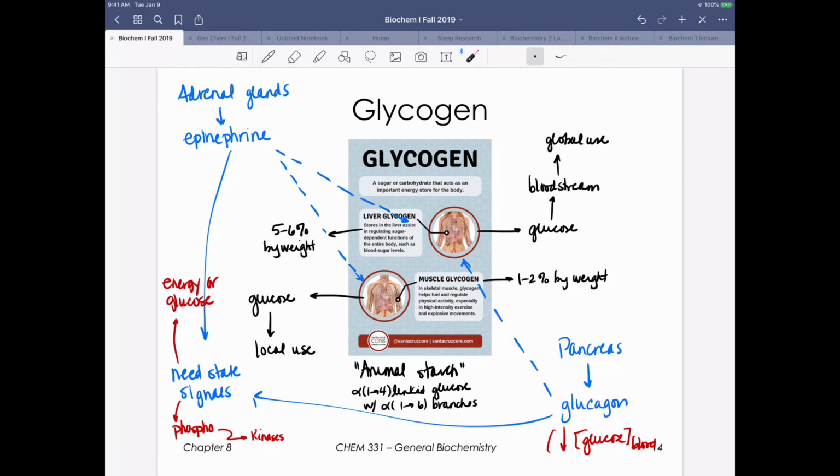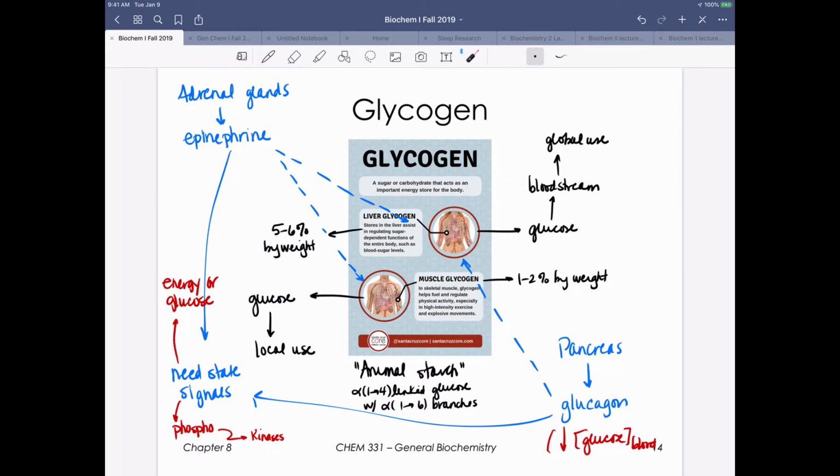So glucagon then is only going to be a hormone that is sensitive to the liver, because the liver is the only one who's going to allow its glycogen to be broken down to glucose for global use. Muscle cells have no interest in responding to a call for low blood sugar. So they have no receptors for and thus do not respond to the pancreas's release of glucagon.